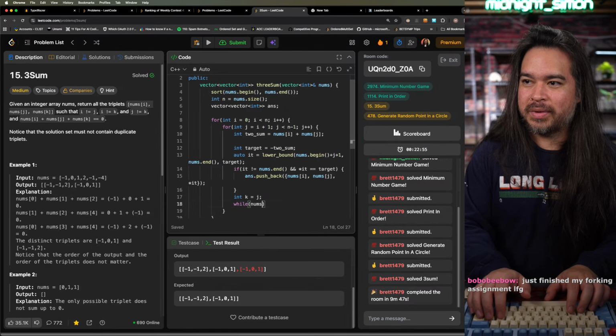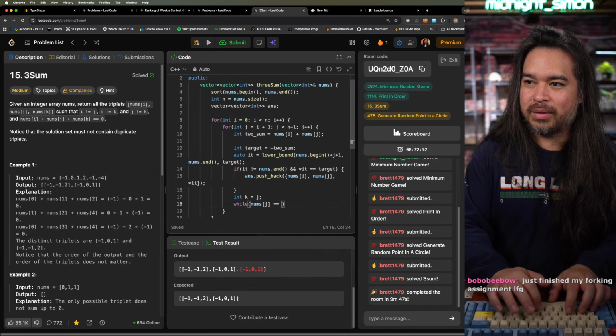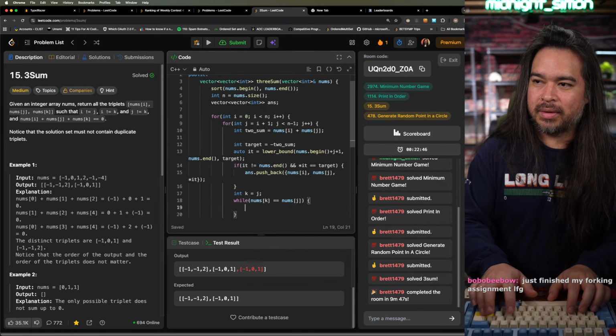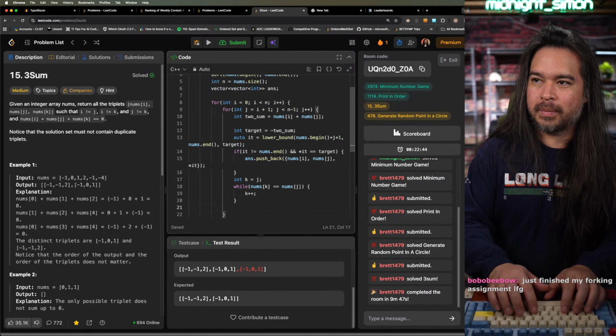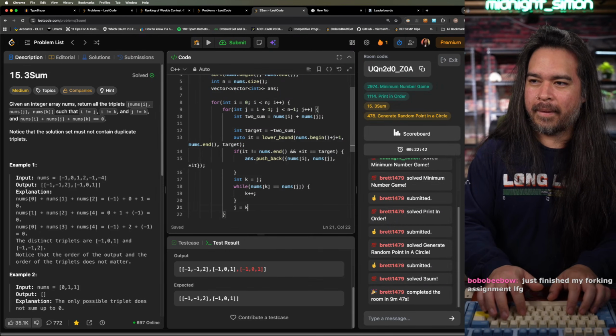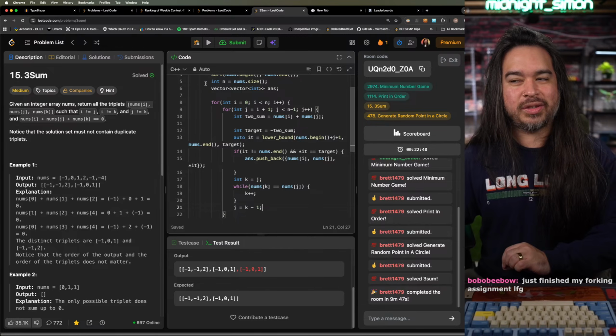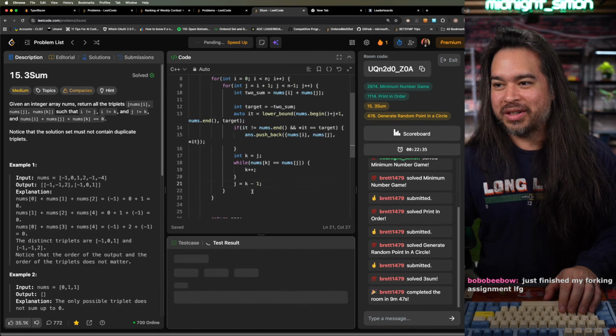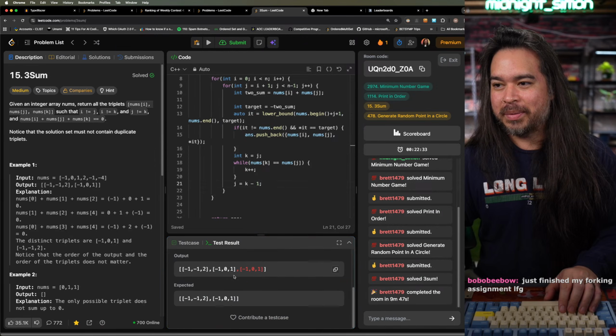While nums k equal nums j, that's some weird stuff, man. I don't think it's gonna work because I still get these duplicates.